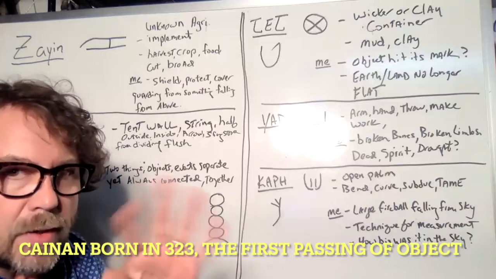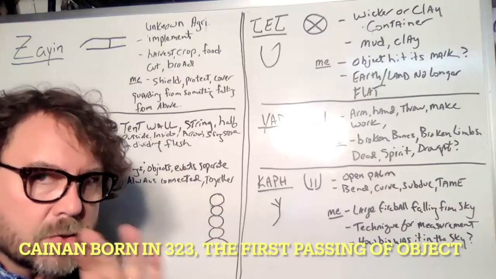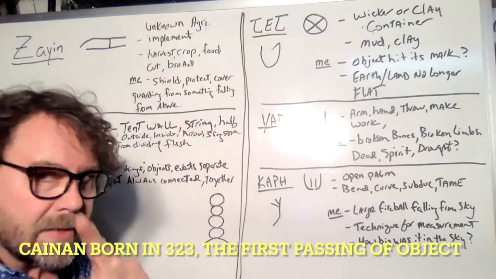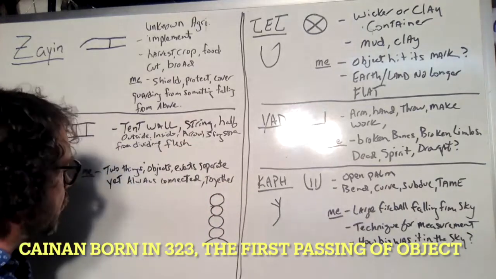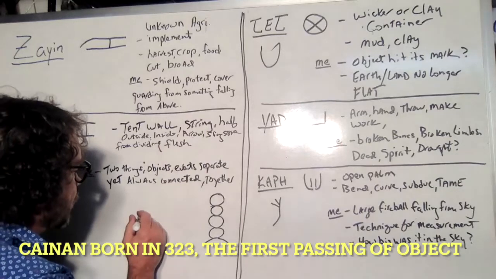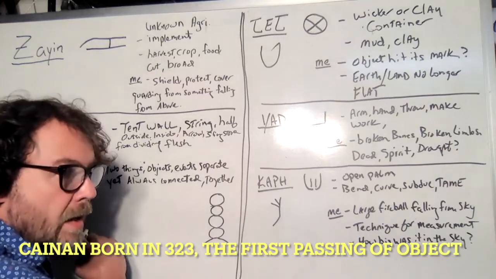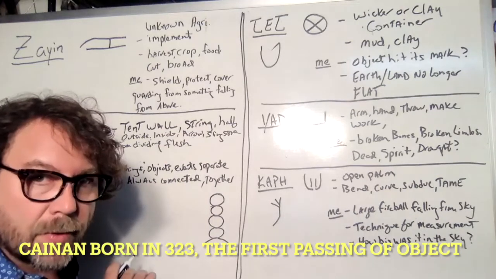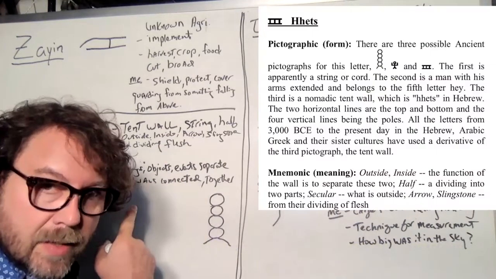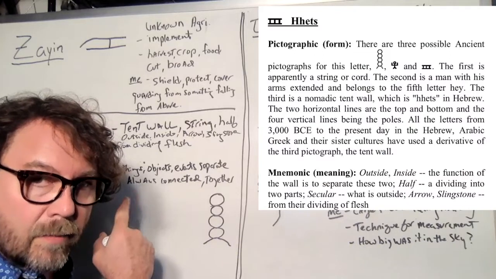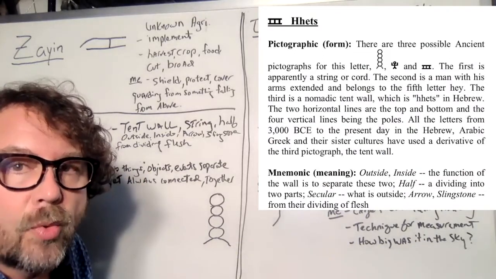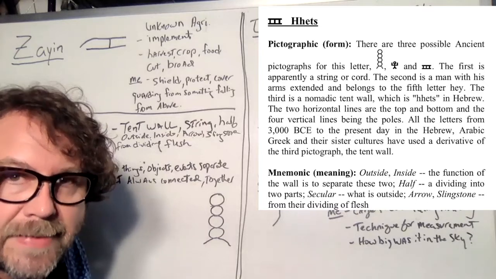It's really not going to make a huge difference, but God likes to do things in patterns, so I think I'm going to go with that. So let's say Canaan was born in the year 323, the same year that the planet 7X came around, the body came around. Now Noah was born in 1056.